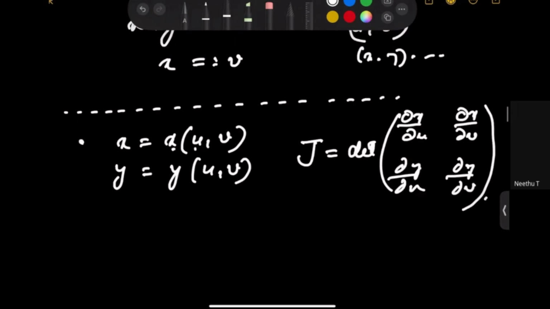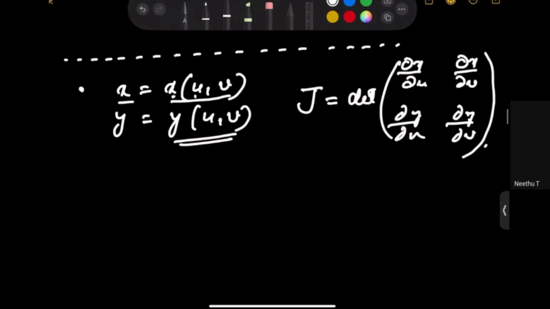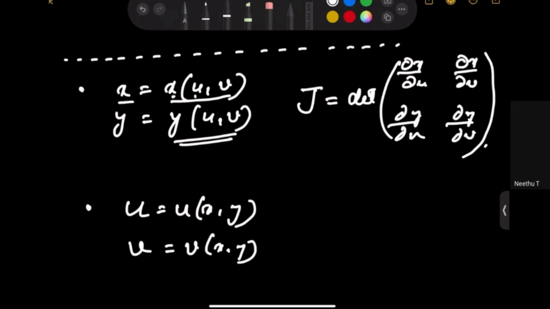Now sometimes it might not be very easy for you to write x explicitly as a function of u and v, or y as a function of u and v. Sometimes you'll find that you can write u as a function of x and y, and v as a function of x and y, the other way around.